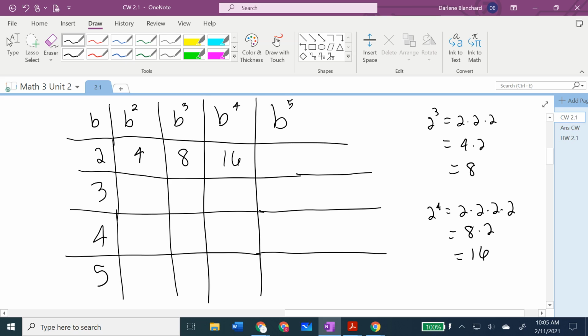And then multiply 16 by 2, and what number do you get? You got it. So you want to be familiar with this number pattern.